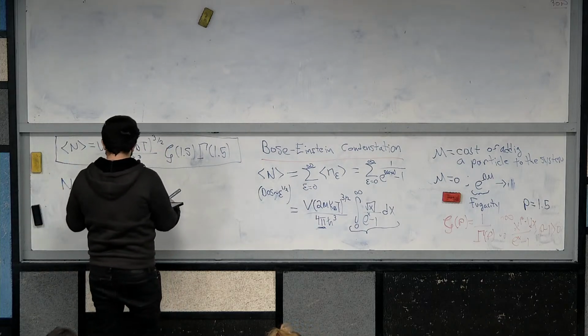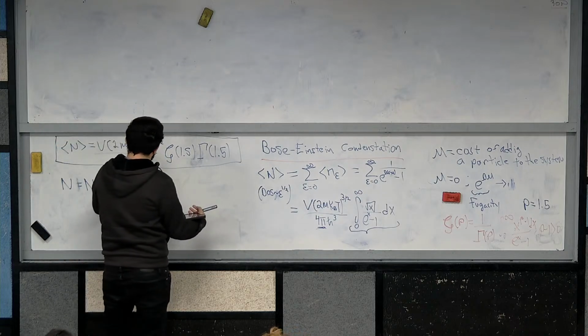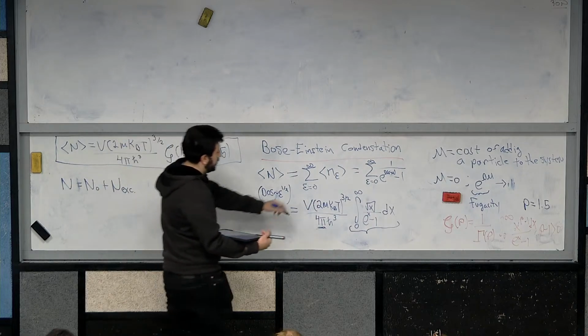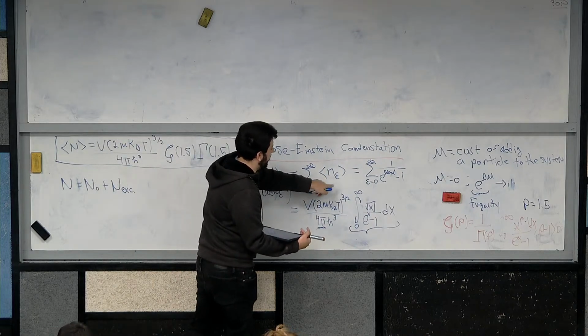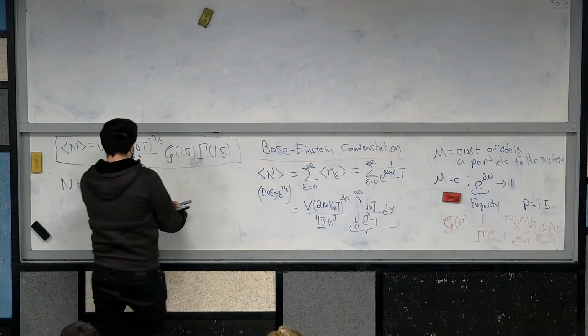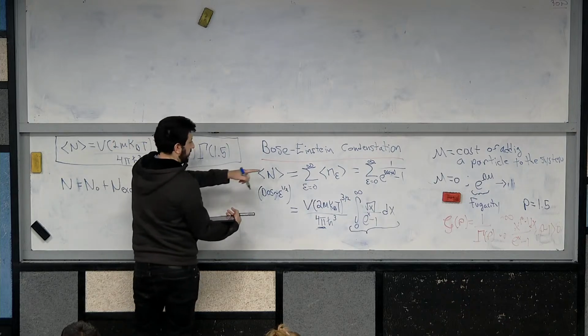And then how do we compute the number of particles that are sitting at 0? Well, we just need to get this number, right? The occupation average at 0.